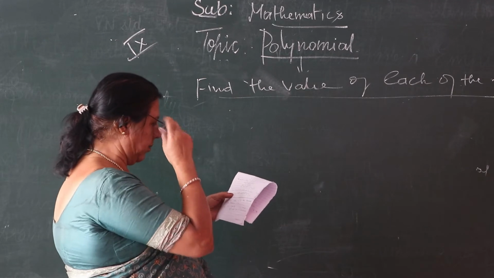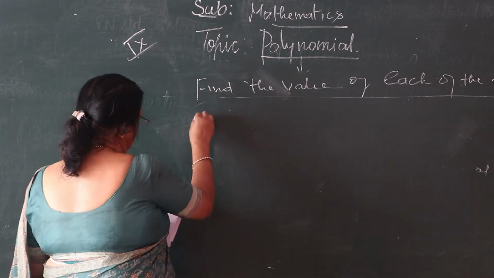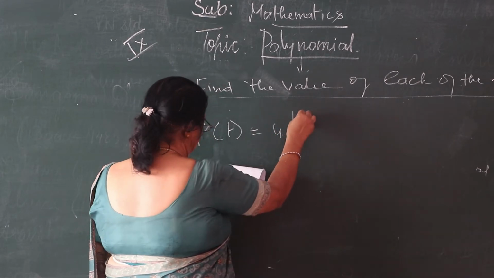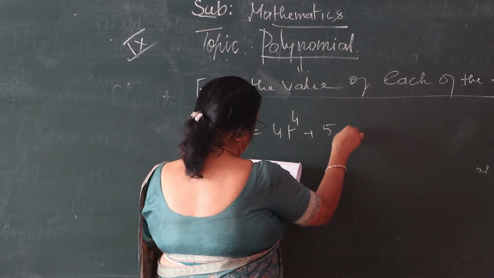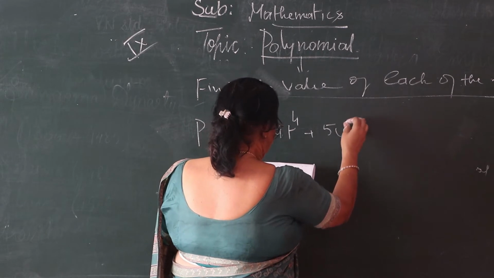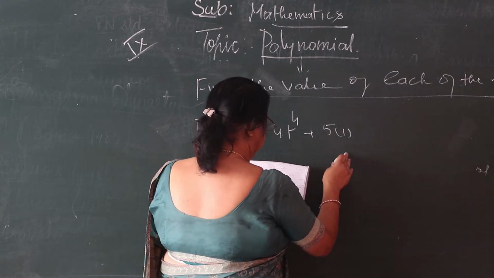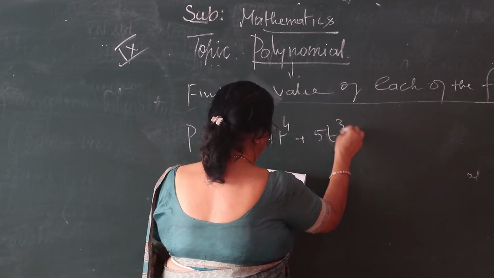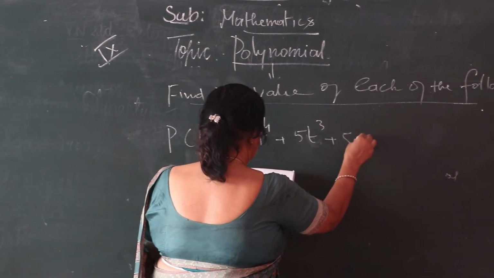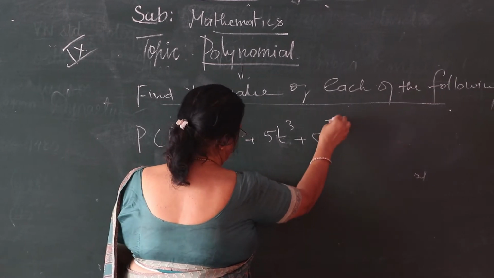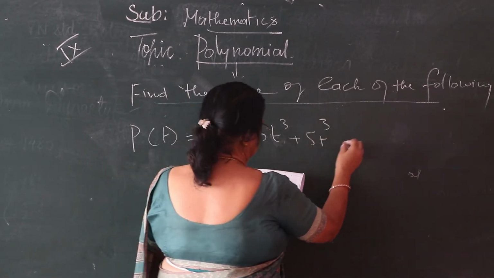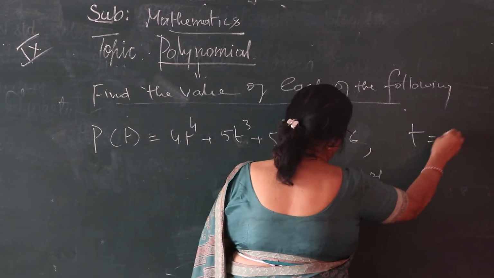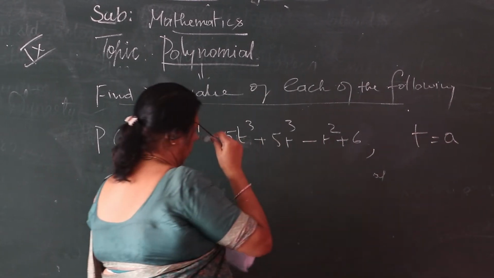What is the other sum? Here p polynomial t variable: 4t to the power of 4 plus 5t cube minus t square plus 6. What is the t value? Substitute for everything.